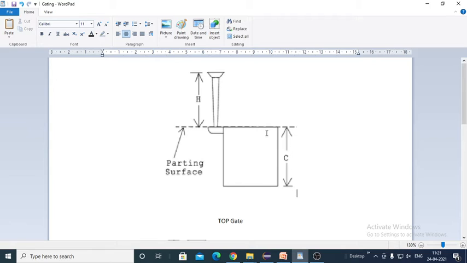If the shapes are easy, at that time these top gates are used. And whenever we pour molten metal, at that time a lot of turbulence occurs. This is also one of the disadvantages of top gates. Now the second gate is the bottom gate.